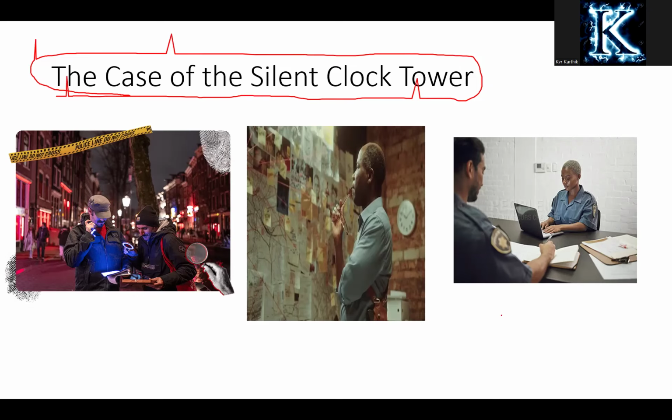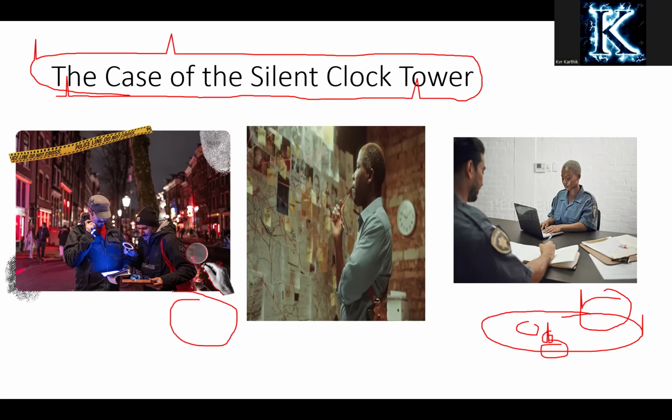Let's imagine there is a city, and in the city, all the people work based on a single clock. There is one single clock in that city, and all the people do their work based on the clock time.